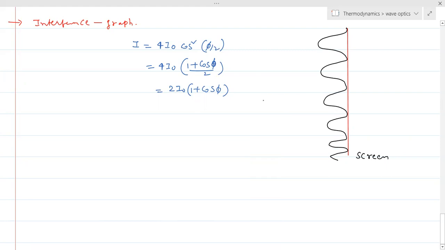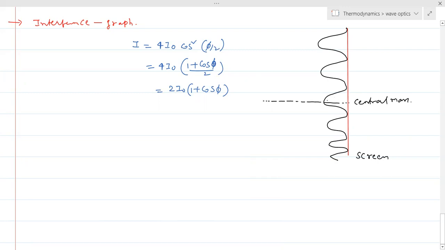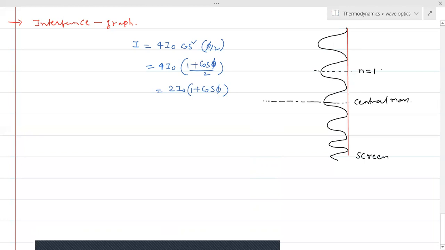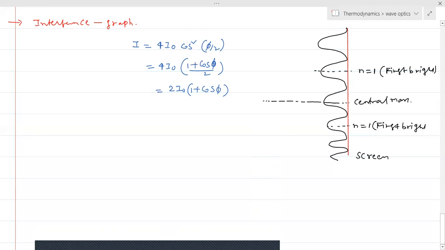Suppose in the YDSE experiment we are taking this as the central maximum. We will take this as n equivalent to 1, first bright fringe. And here also we are having n equivalent to 1, that is first bright fringe. So that means on either side we have bright fringes.